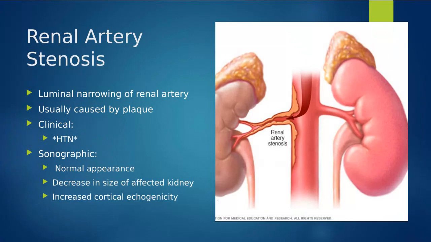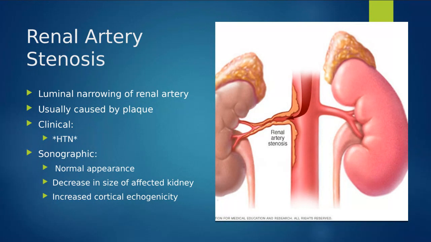Next, we have renal artery stenosis. We will learn about this more in our vascular class in the fall, but this is when we have a narrowing of that renal artery lumen, usually caused by plaque or, as we just learned, atherosclerosis. Clinically, this will present as uncontrolled hypertension. So if you see an order for renal artery stenosis, the main indication will be hypertension.